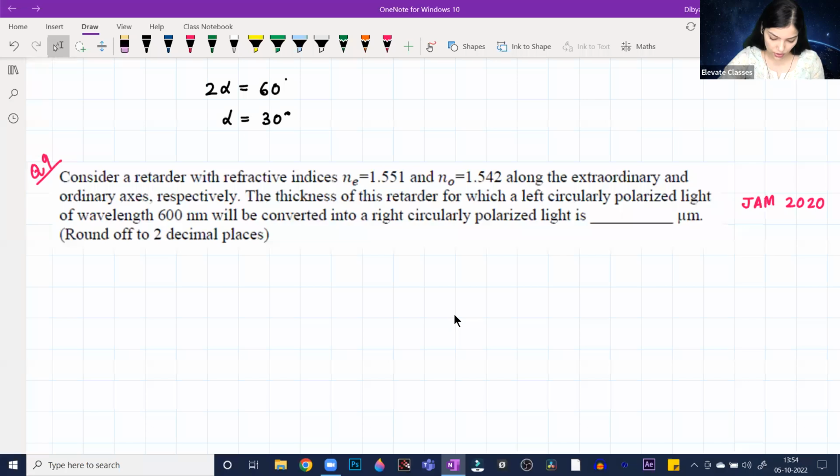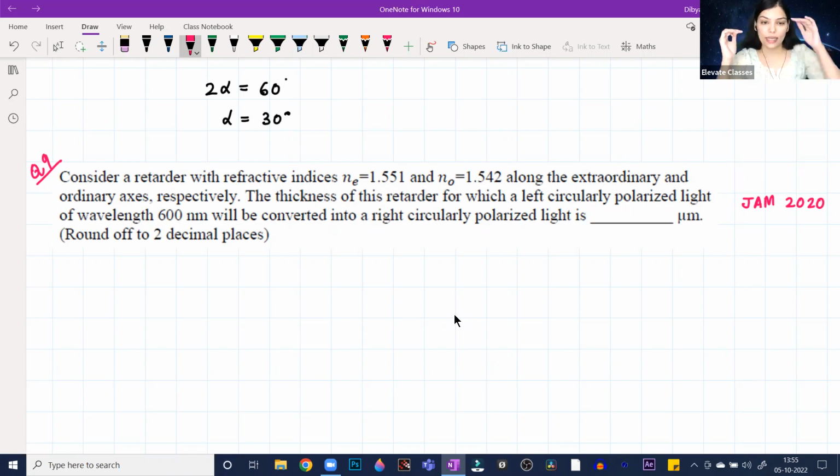What is the thickness of this retarder for which a left circularly polarized light of the given wavelength will be converted into a right circularly polarized light? So we have to find the thickness this retarder should have, so that an LCP light can be converted into RCP light.